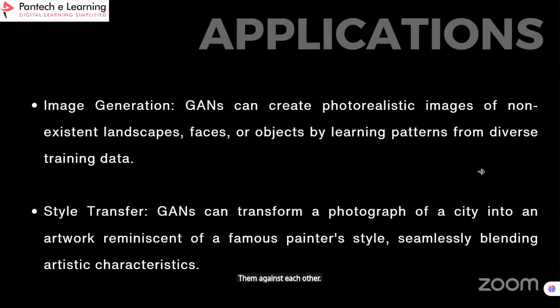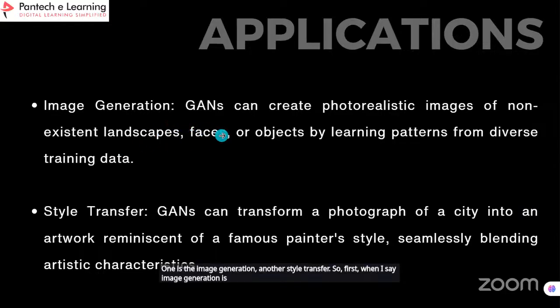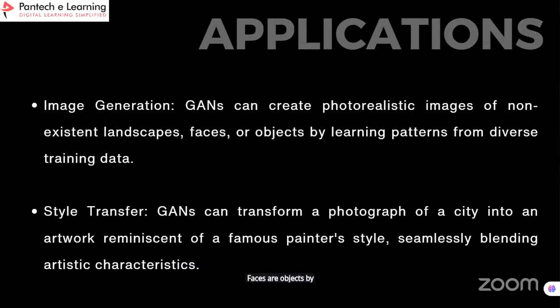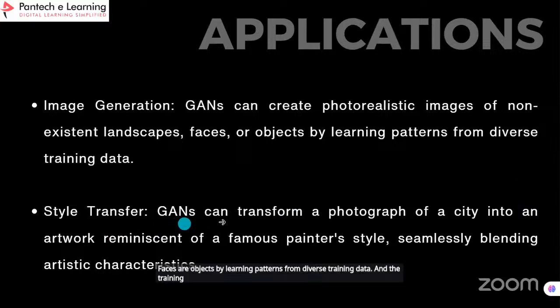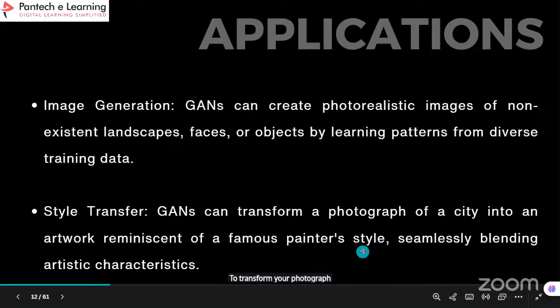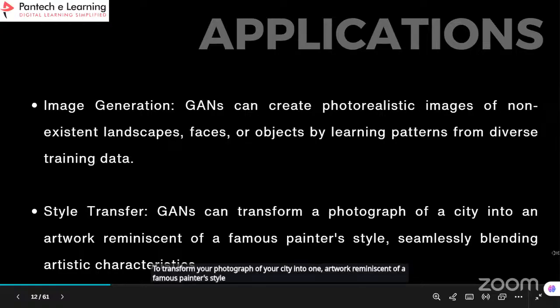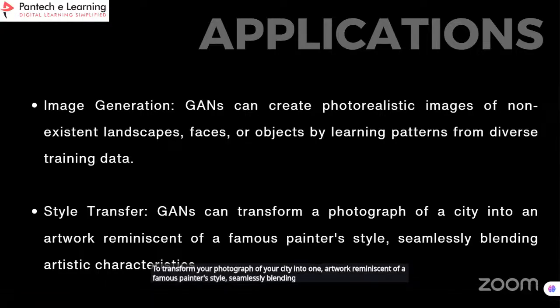One application is image generation, another is style transfer. Image generation means GANs can create photorealistic images of non-existent landscapes, faces or objects by learning patterns from diverse training data. In style transformation, GANs can transform a photograph of a city into an artwork reminiscent of a famous painter's style, seamlessly blending artistic characteristics.